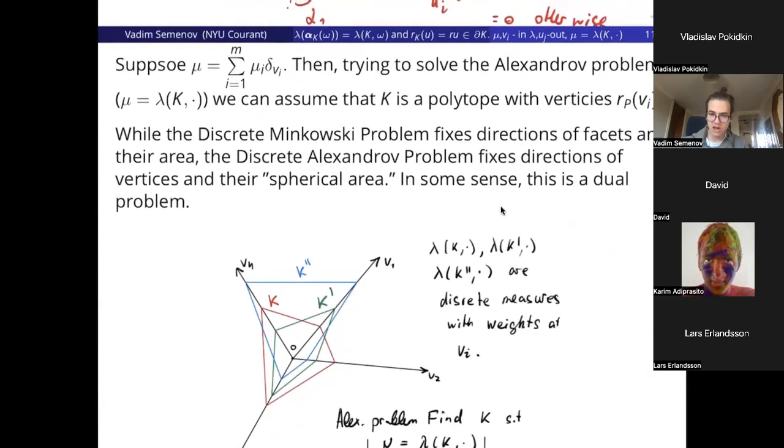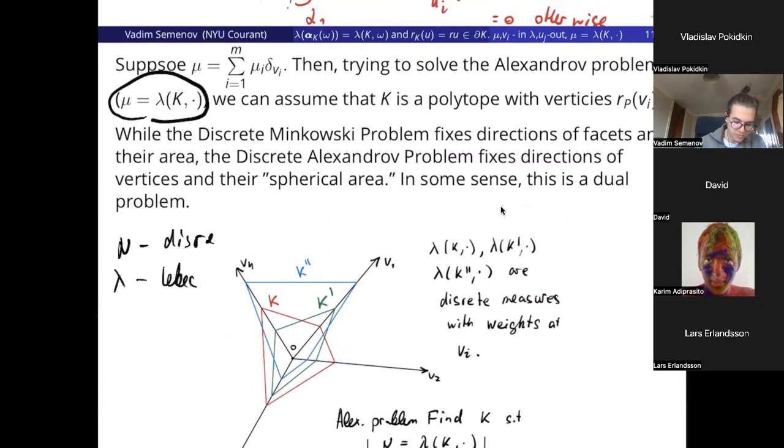And now, if you're trying to solve the Aleksandrov problem in the discrete case, the problem is just going to be: I have this equation, I have mu discrete, and I know that lambda is Lebesgue. Does there exist a k? This is the Aleksandrov problem.